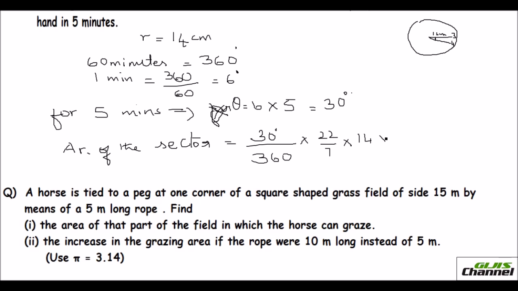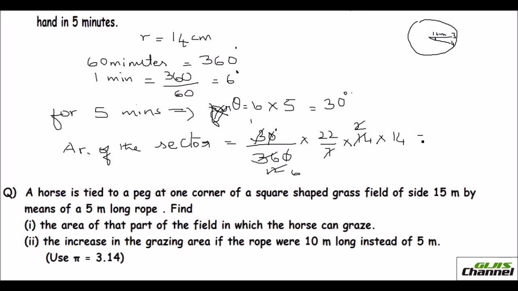R square is 14 times 14. So you can just calculate. You can use a calculator instead. So 30 goes into 360 12 times. So this will go here 6 times.